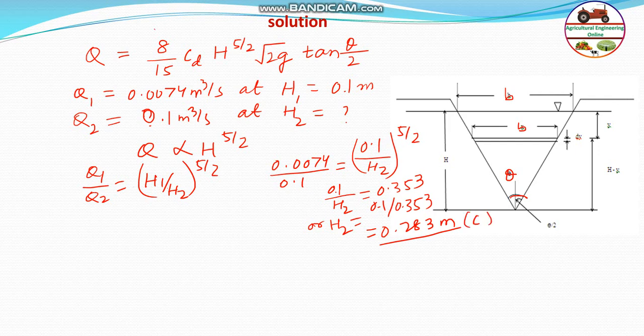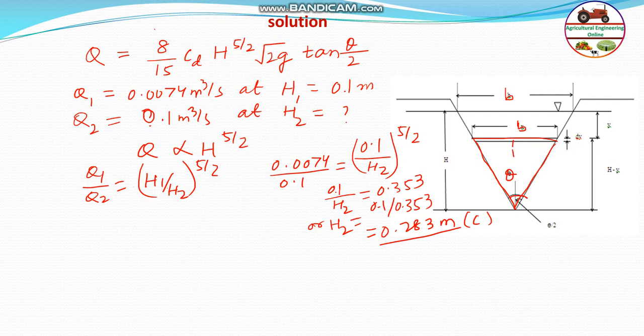Now coming to the second part, it is asked for the same discharge, that is 0.1 meter cube per second. The head you already calculated, 0.283, and you have to calculate the width. Very simple, from the geometry, if you see, this is the triangle, and you have to calculate the width.